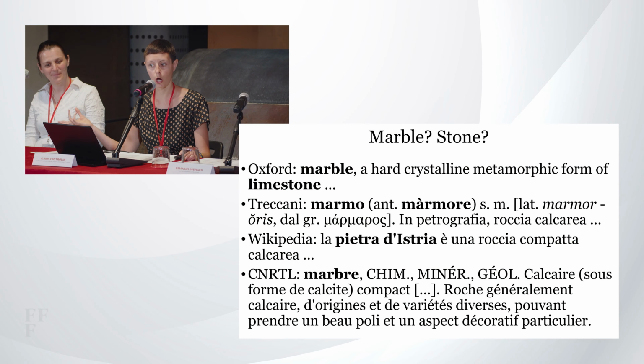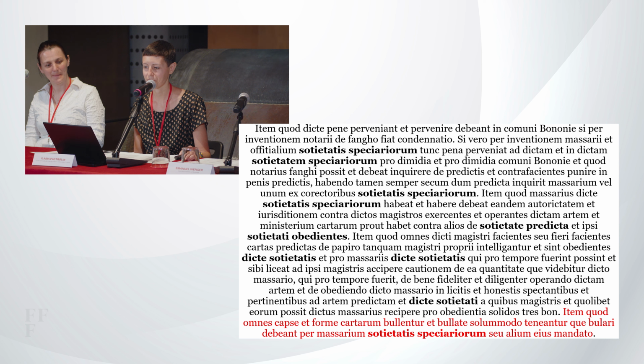But we know that Venice is made of limestone. So it's really a common use to use the word marble when we are talking about limestone. So even the point of the material could be an explanation for the hypothesis of the copy, but also not at all.